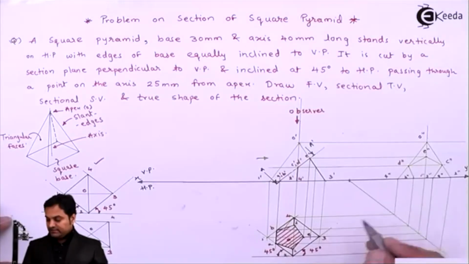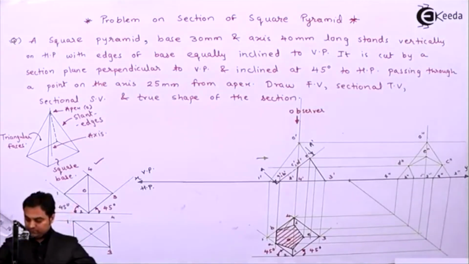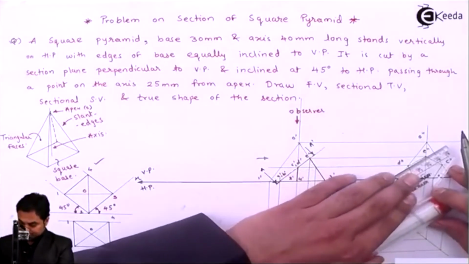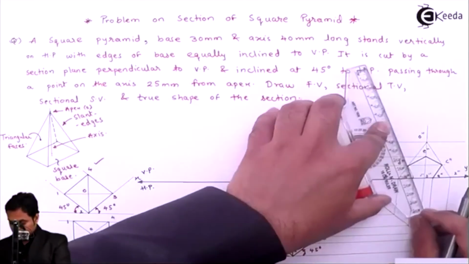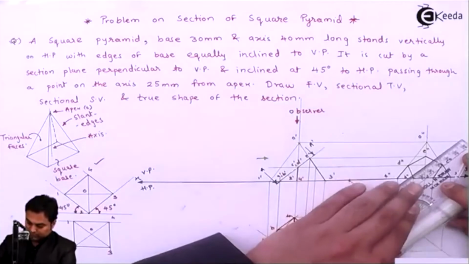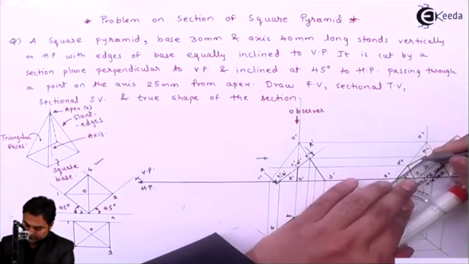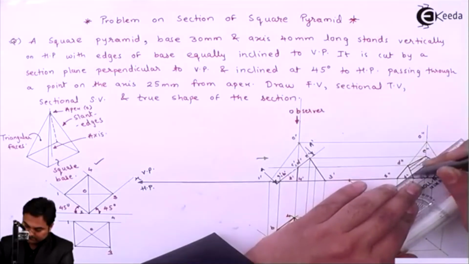Similarly, A, 2 and C, A double dash, 2 double dash, C double dash is visible. So I'll make it dark. Drawing 45-degree lines as section lines because the cut section will be seen in the side view.